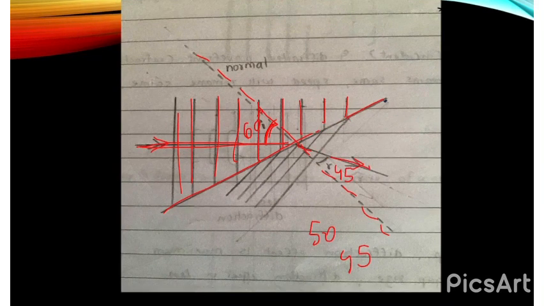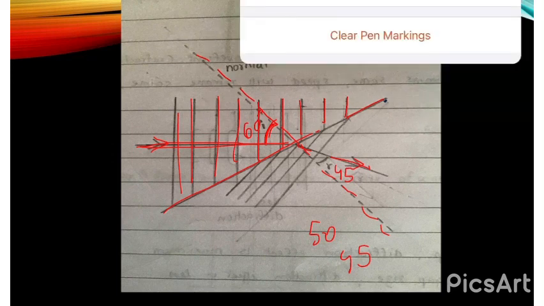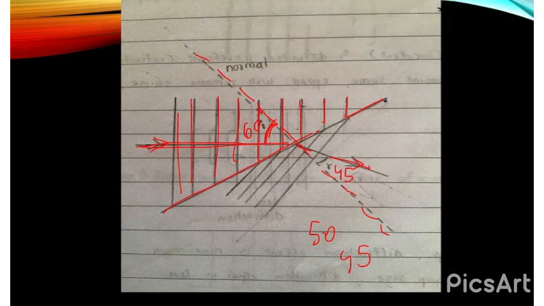So to draw the refracted wavefronts, your wavefront should be perpendicular to your refracted ray. Now in this diagram, it is not drawn perpendicular, but it needs to be drawn perpendicular. So it will be like this. So here will be the refracted wavefronts, and their wavelength should be smaller than the wavelength of the incident wavefront.